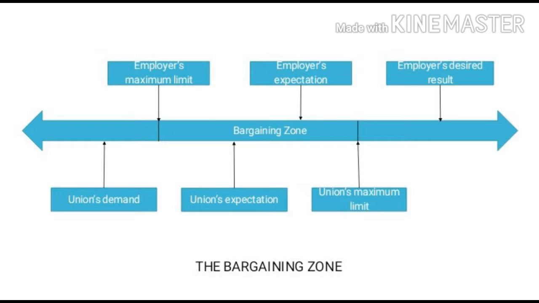The union resistance point may be the settlement level below which the union will strike. Second is its own expectations about what management is likely to agree to, and the third would be the most it can reasonably expect to get from management, or the union target point.